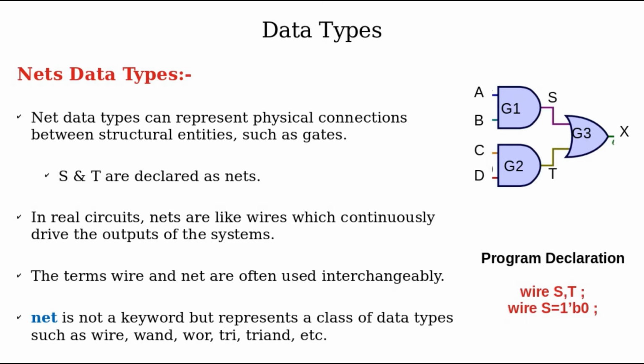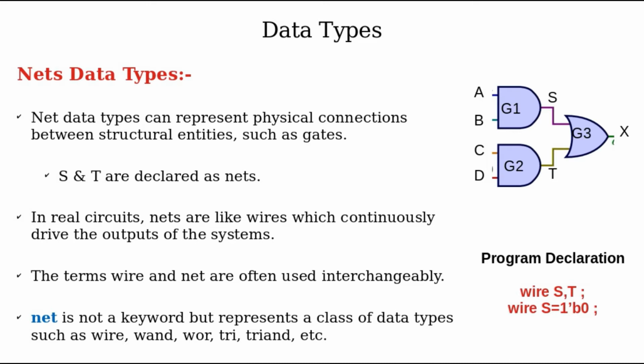Now we will discuss some detail about net data types. Net data types can represent physical connections between structural entities such as gates. A logic circuit is shown as an example. In this example, we can see that the nets S and T are declared as shown in the program declaration: wire S, T; semicolon.